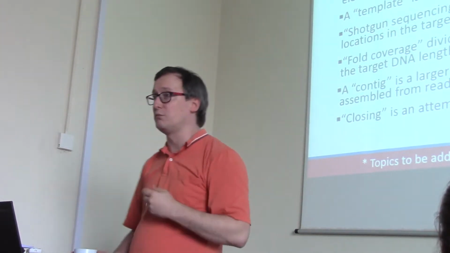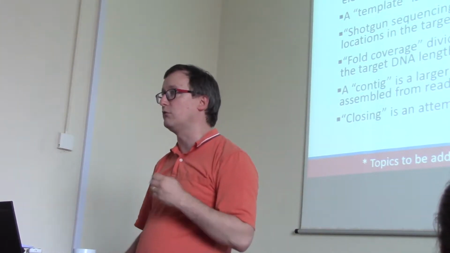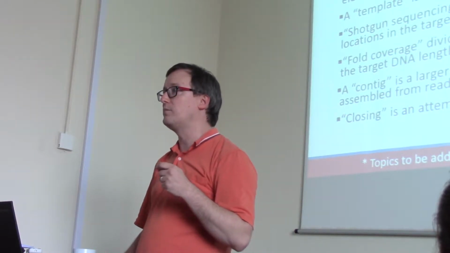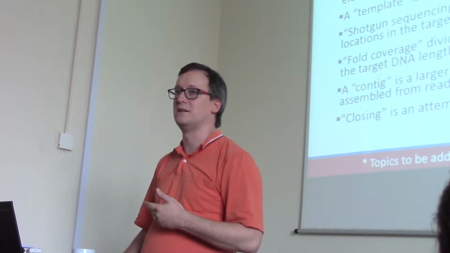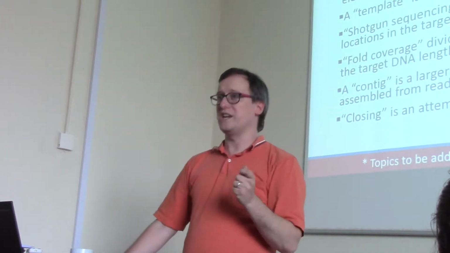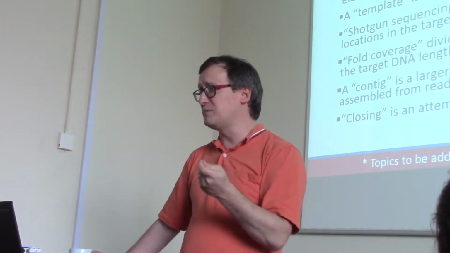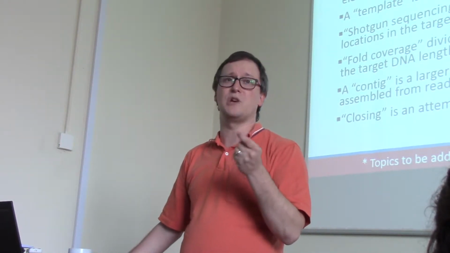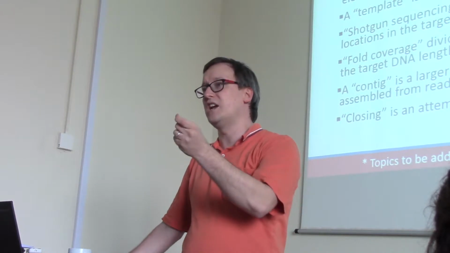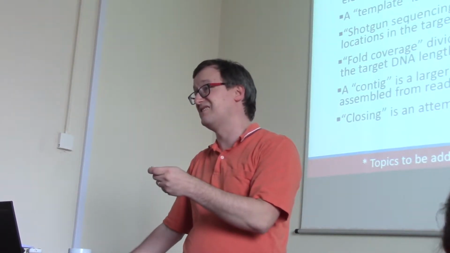Shotgun sequencing is a really popular technique, and it's really grown in how much people use it as time has passed. In the old days, sequencing something was really expensive and fairly slow, and as a result, we spent a lot of time trying to figure out which pieces of DNA are best for us to sequence next.